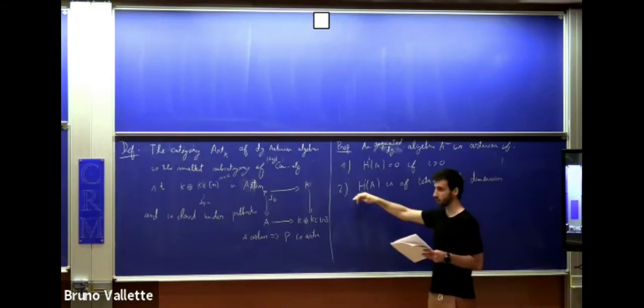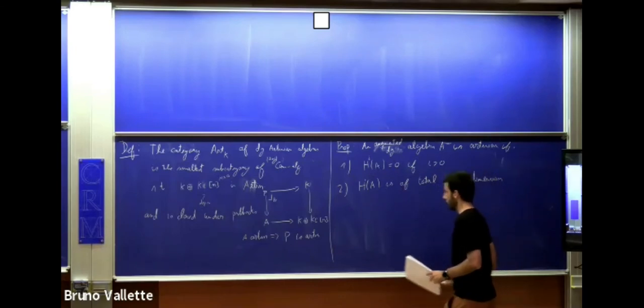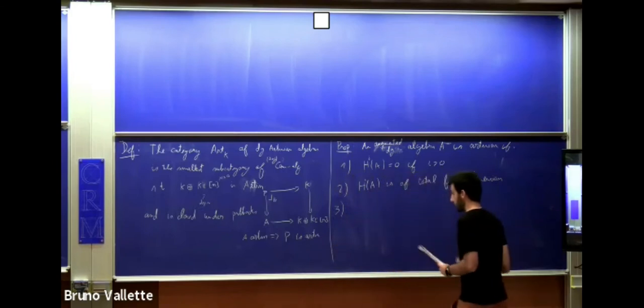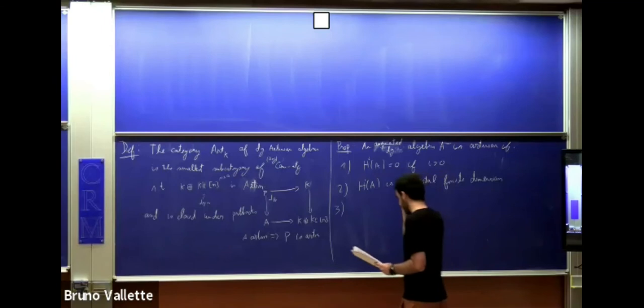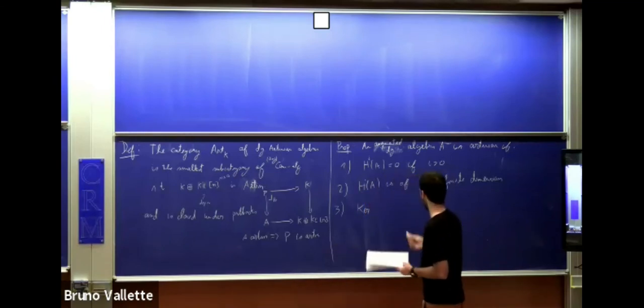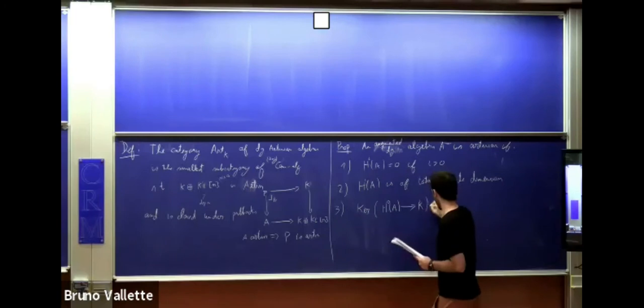So not only is each one of them finite dimensional, but you also cannot go to minus infinity in degrees. And furthermore, the Artinian condition is that the kernel of the augmentation map, at least in homology, is nilpotent.